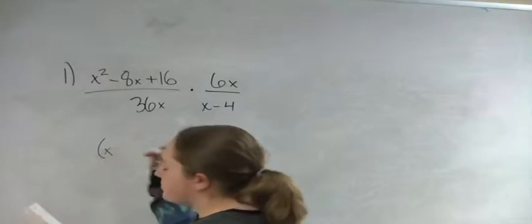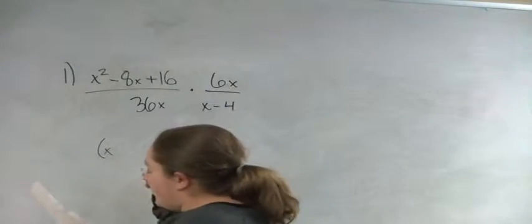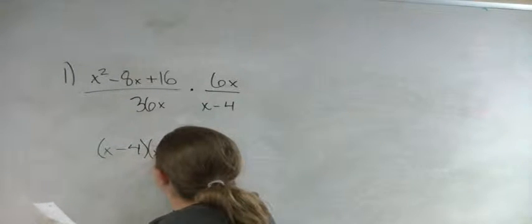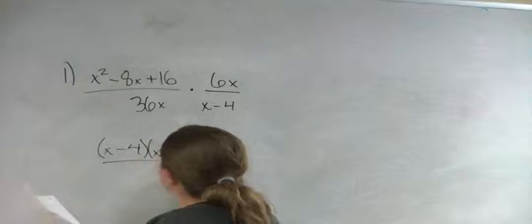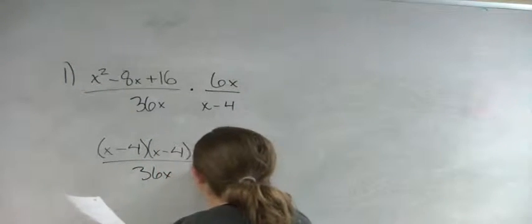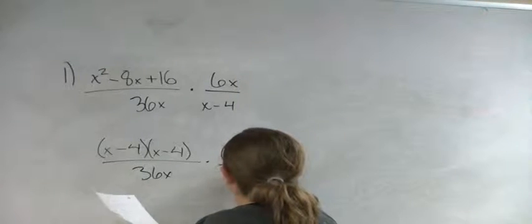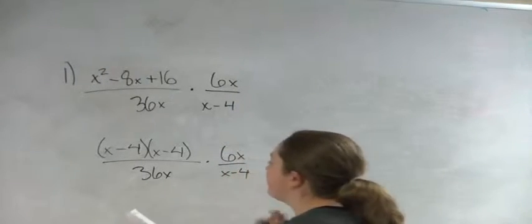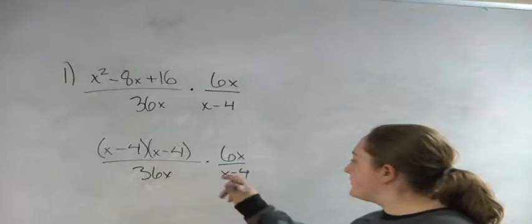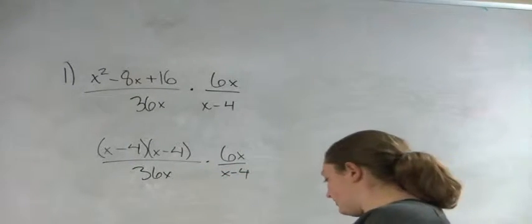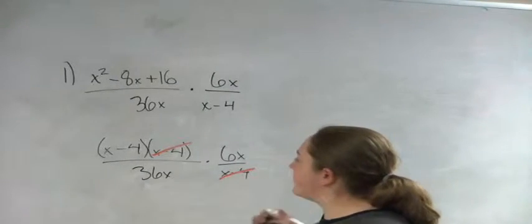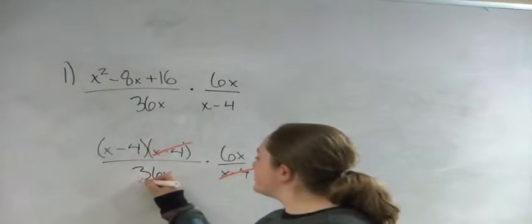So, I can factor this one, and we get x minus 4 over 36x times 6x over x minus 4. Now, we can factor all of these, so we can get rid of these x minus 4 and this x minus 4, and then we can reduce this.